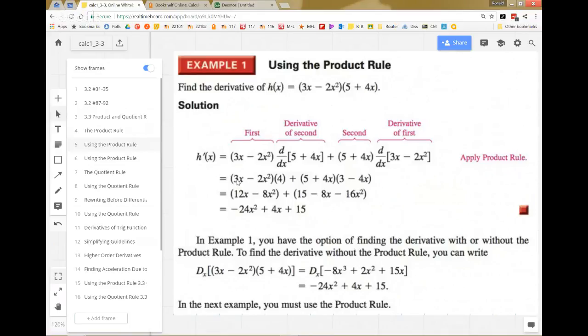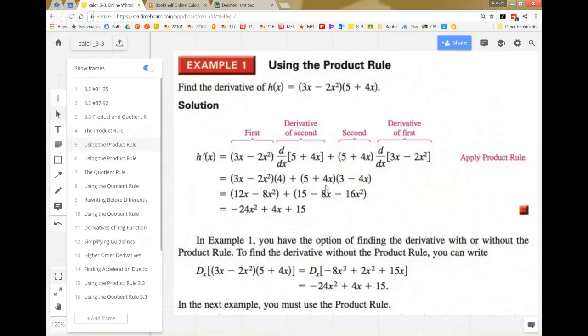The first, 3 minus 2x squared, times the derivative of 5 plus 4x, using yesterday's rules, is 4, because the constant's derivative is 0. The derivative of 4x to the first, using the coefficient rule, just becomes 4.